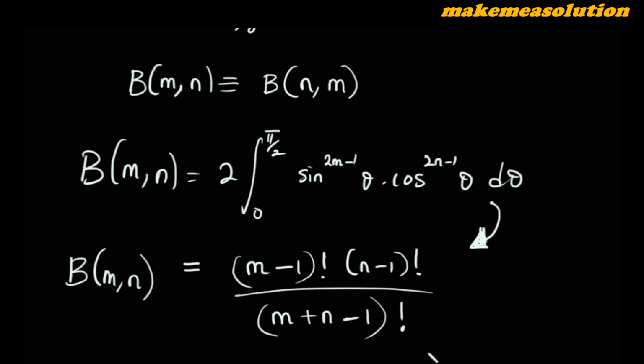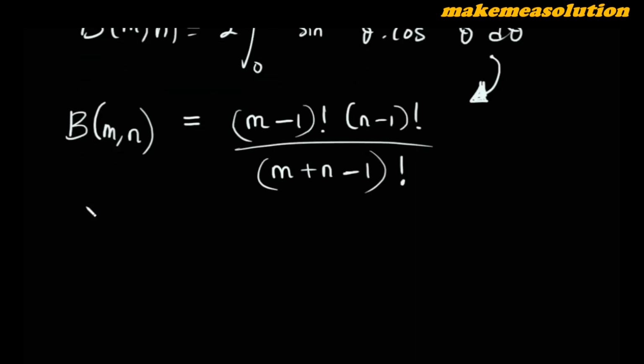I'm going to release that video sometime in the future and attach the link in this one. For those of you watching this later, I will show you how this was gotten through some special reduction formulas in integration, and you are going to appreciate the process. So this is the factorial representation of beta of m comma n.